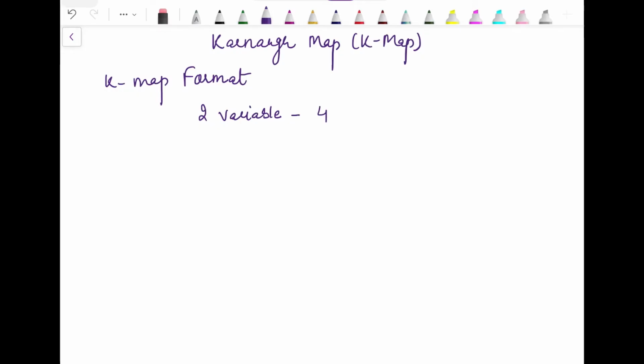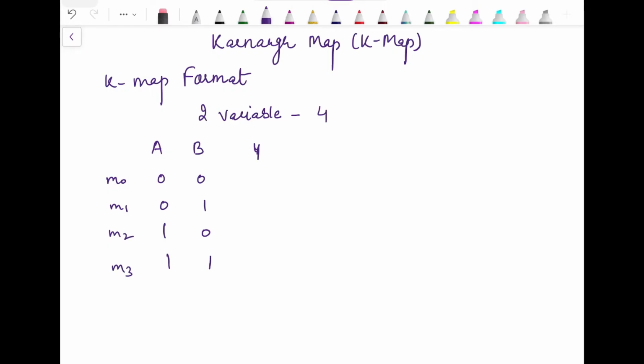If we have 2 variables A and B, both can be 0 0, A0 B1, A1 B0, and both can be 1 1. So we have 4 possible combinations, and corresponding to these we will write the output. So these represent minterm 0, minterm 1, 2 and 3.